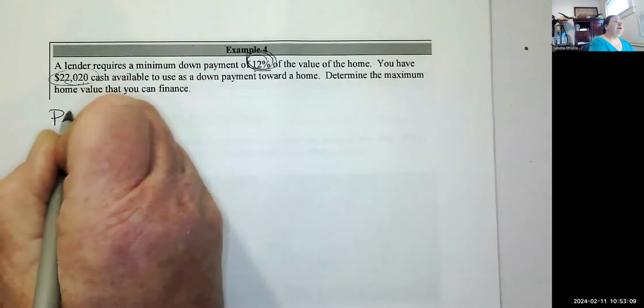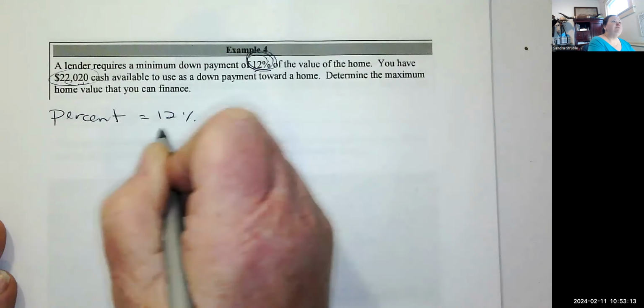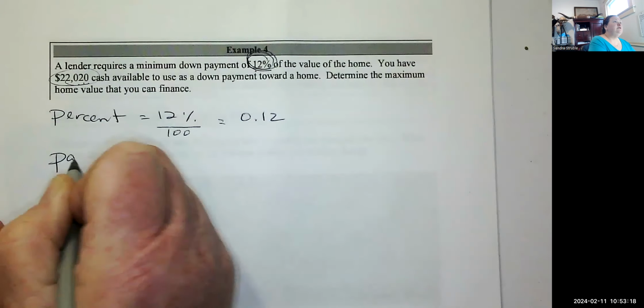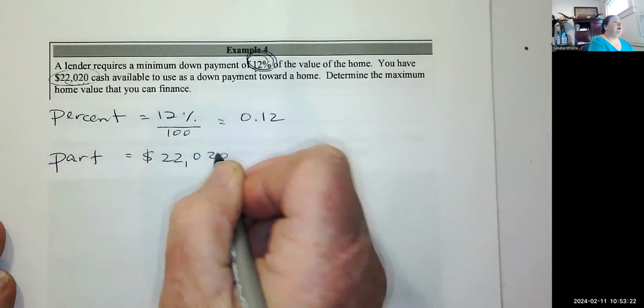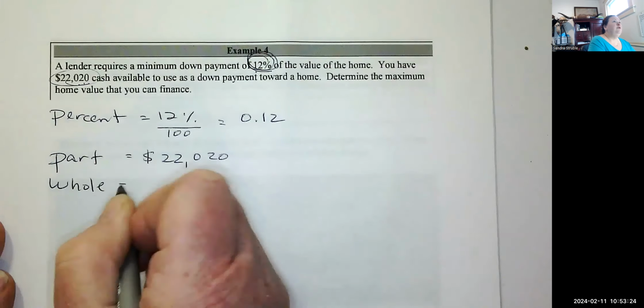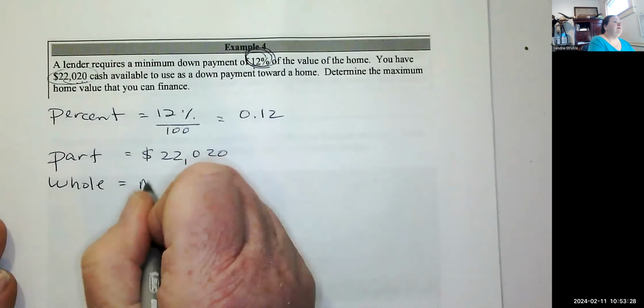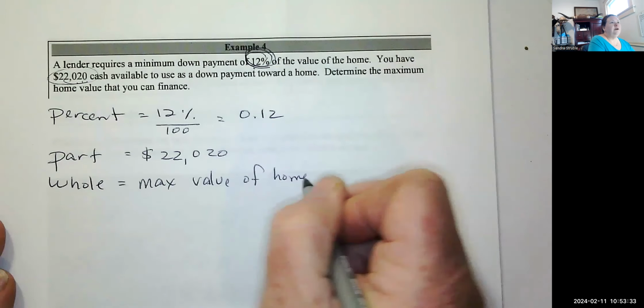So we've got percent here, which is 12%. We need to change that to a decimal by dividing by 100. We've got a part, which is our $22,020, and we're looking for the whole, which is the max value of the home you can finance.